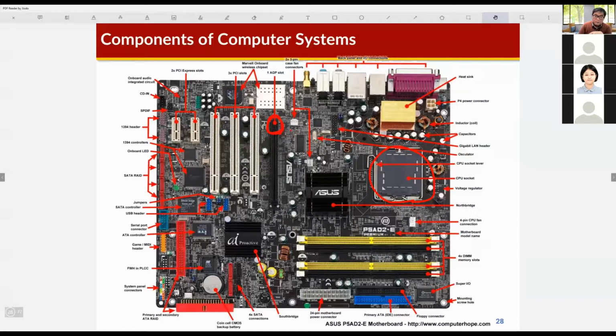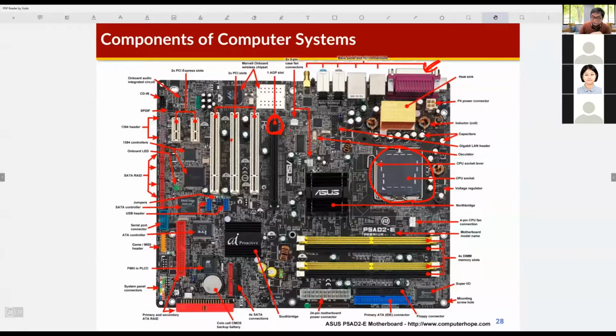Also, you can find several PCI slots here. In this figure, you can find the I/O ports for the keyboard and mouse, and the display port.